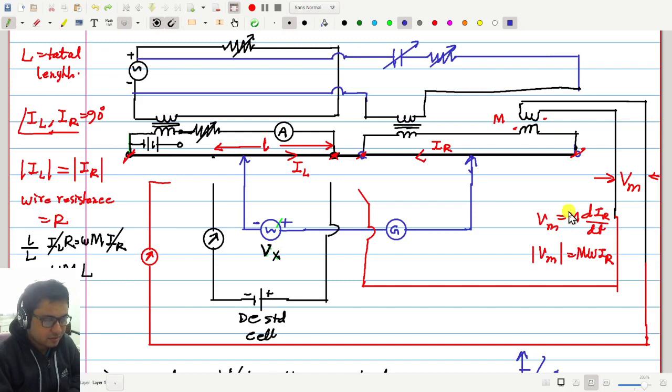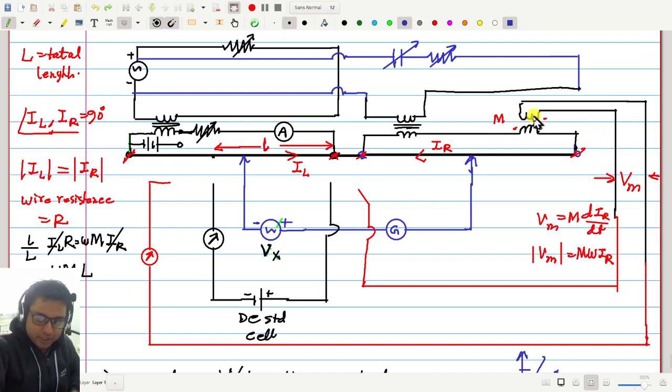Sir, I guess the self-inductance will also come into play. No, self-inductance will not come into play, because when you are at balance, no current is flowing. So drop due to self-inductance, etc., will not cause any problem.